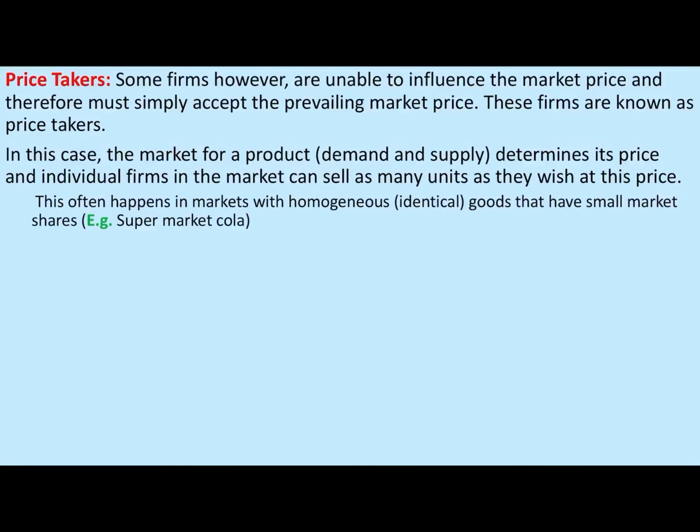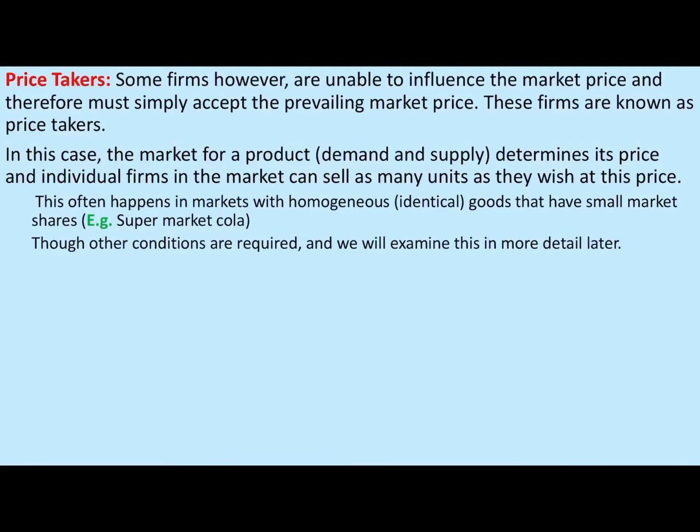This often happens in markets with homogeneous, i.e. identical goods, where the firms have small market shares. If you consider the market for cola, these would be the supermarket cola brands in the industry. Other conditions are required though, but we will examine these in more detail later.